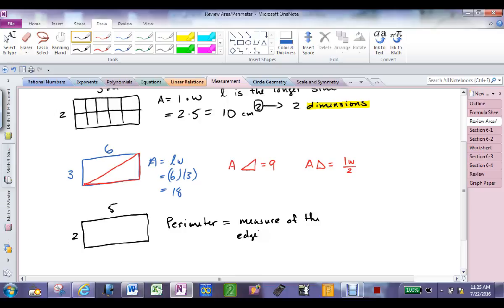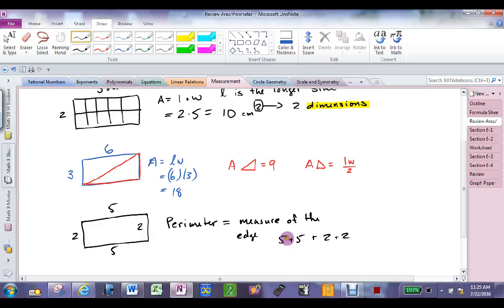So how many edges does this thing have? 4. How many numbers do we know? 4. Because if this is 5, what's this? 5. And what's this? 2. You see 2. Do you know the perimeter now? Yeah. What is it? 5 plus 5 plus 2 plus 2, correct?